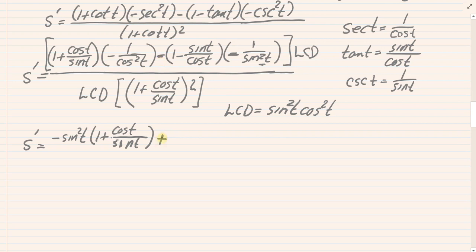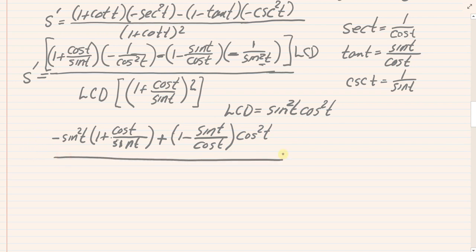Plus parentheses 1 minus sine t over cosine t times cosine squared t. Now in the next step, we're going to work this one even better. It's going to reduce even further.